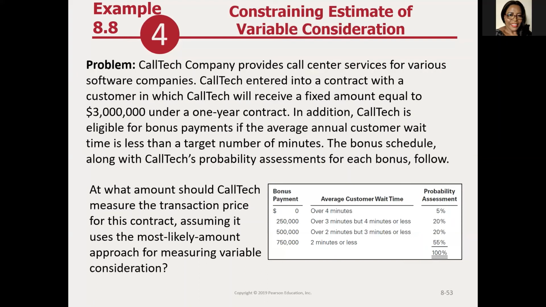Here in this example, bonus payment 0 over 4 minutes, probability is 5%. Bonus payment of $250,000 over 3 minutes, but 4 minutes or less, there's a 20% probability. So at what amount should Calltech measure the transaction price for this contract, assuming it uses the most likely amount approach for measuring variable consideration?